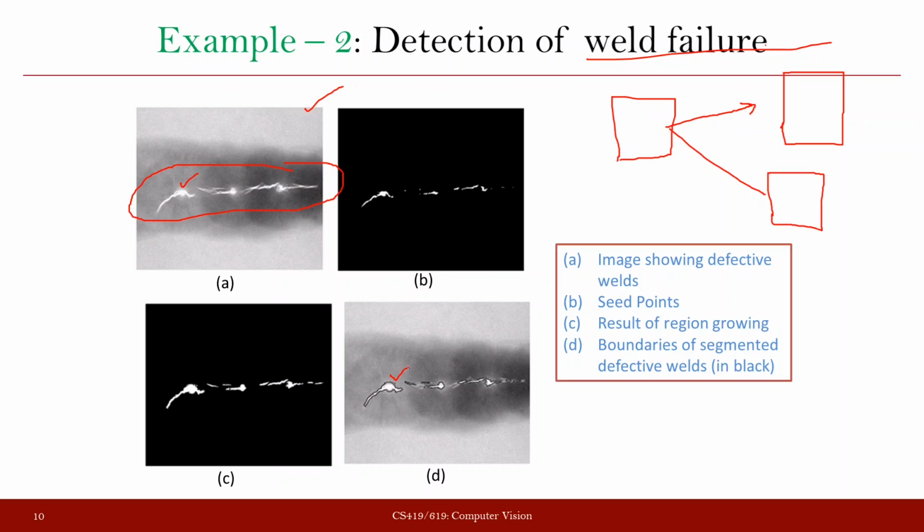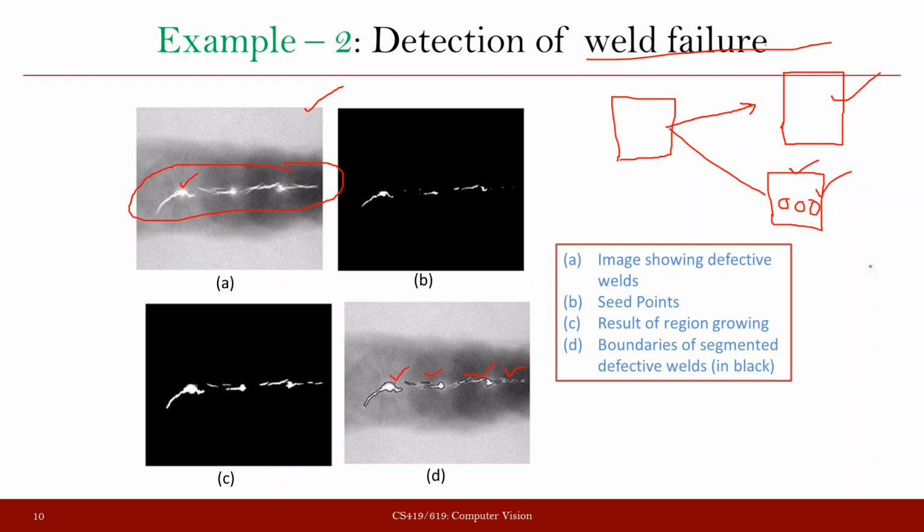You will see some small segments like this in the image. So by analyzing these segments, you can tell whether the welding has been done properly or not. If the entire region is just one region, then it's a good welding. But if you get some segments inside this image, then you can assume that this is not a properly welded block.